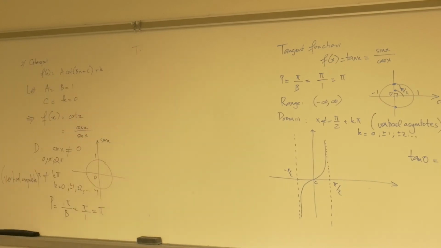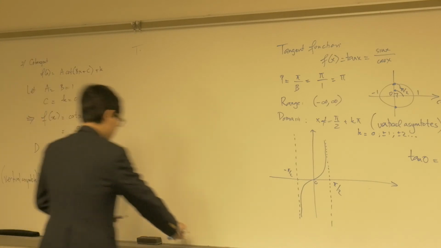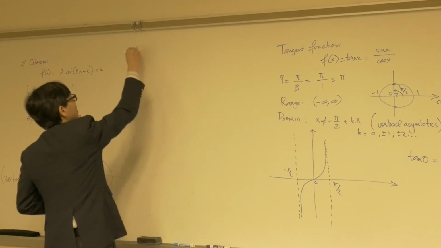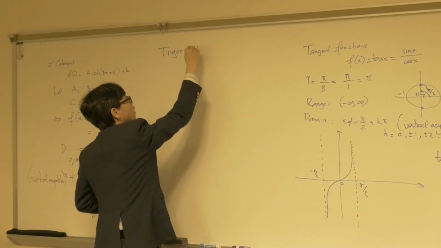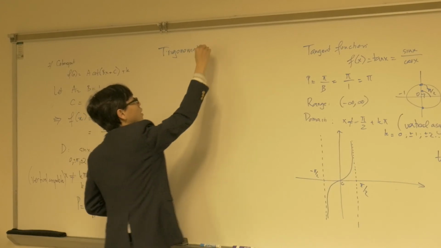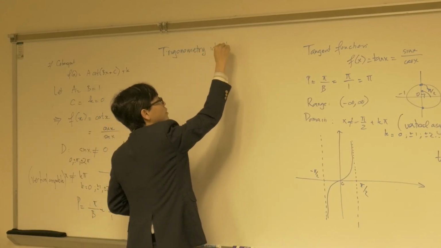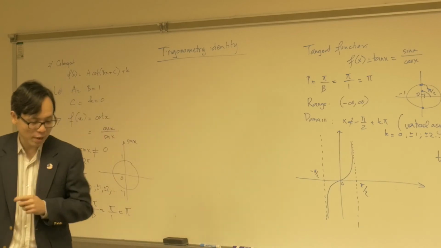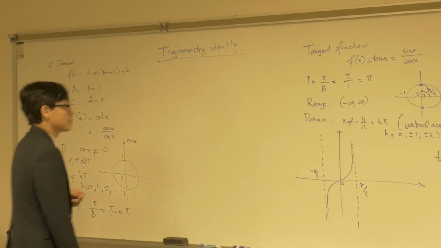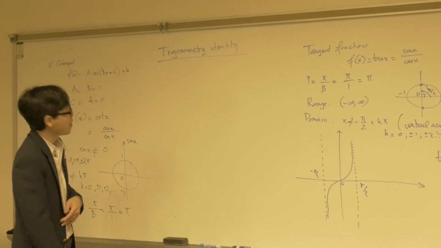Trigonometry identity. You can just put it like that. And there are some of them. The first property, everybody already knows.